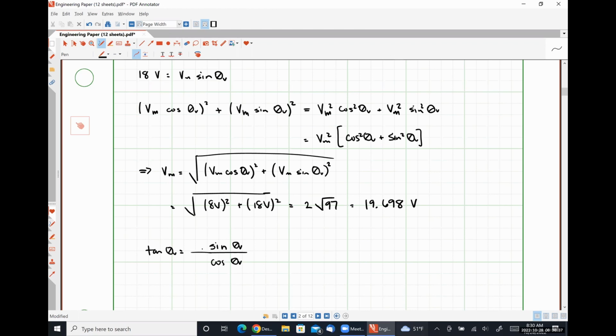Does it hurt anything if I put a VM out in front of the sine and the cosine function? No, because the VMs just cancel each other out.